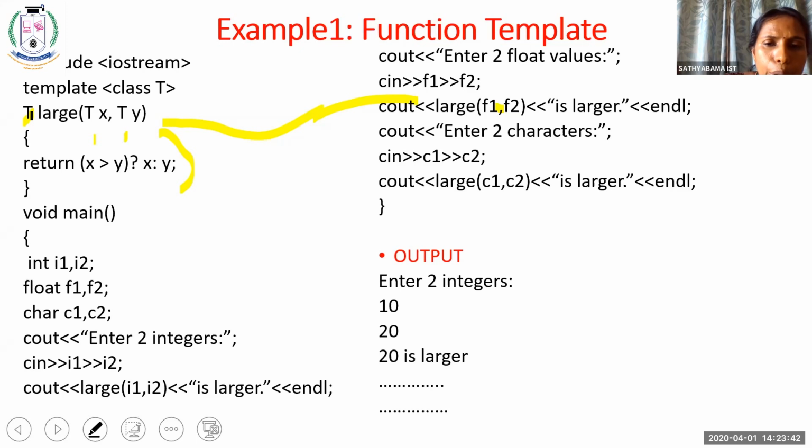So if you are passing the parameter as a float during the function call, then this T will act as a float. If you are passing a character, then this T will act as a character.